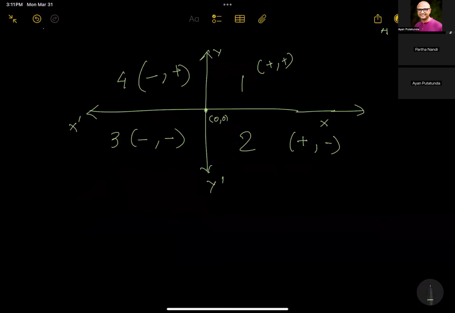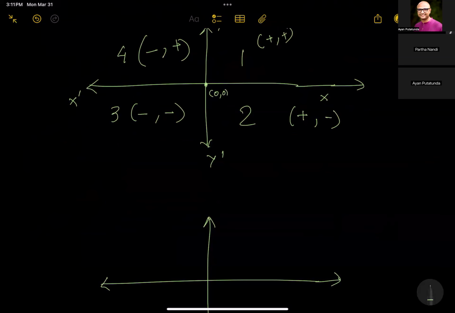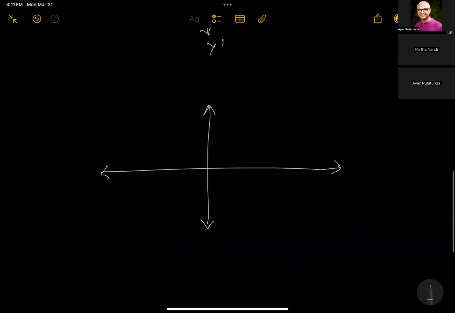This is called the Cartesian coordinate system. Any point in this Cartesian coordinate system is represented in this plane by two values, a value of x and a value of y. If I give any point here, it will have two values, x and y.